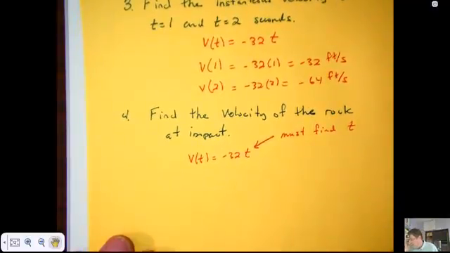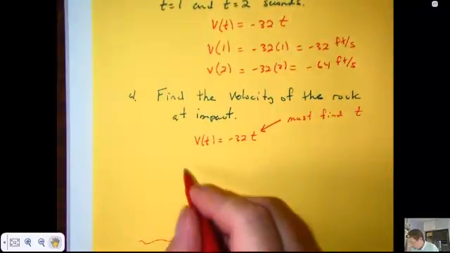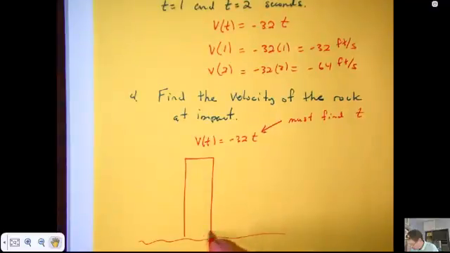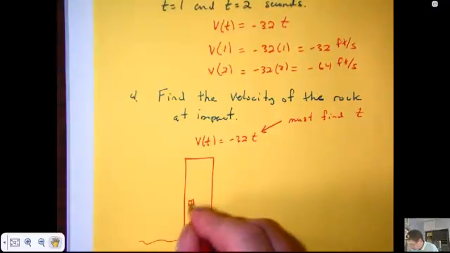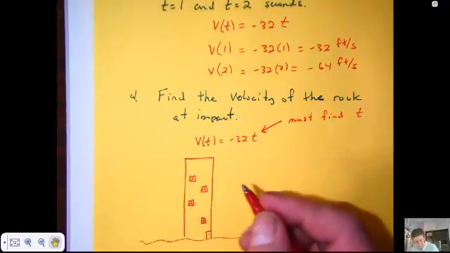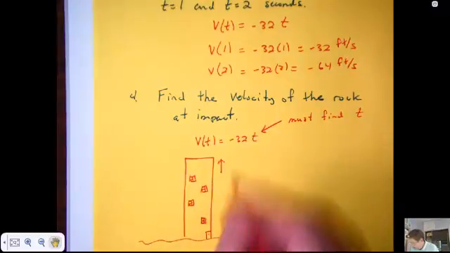Okay, well, we have to use what we know about this. We know that we have this big, tall building. Lots of windows, because how high is this building? We know that it's 1,600 feet.